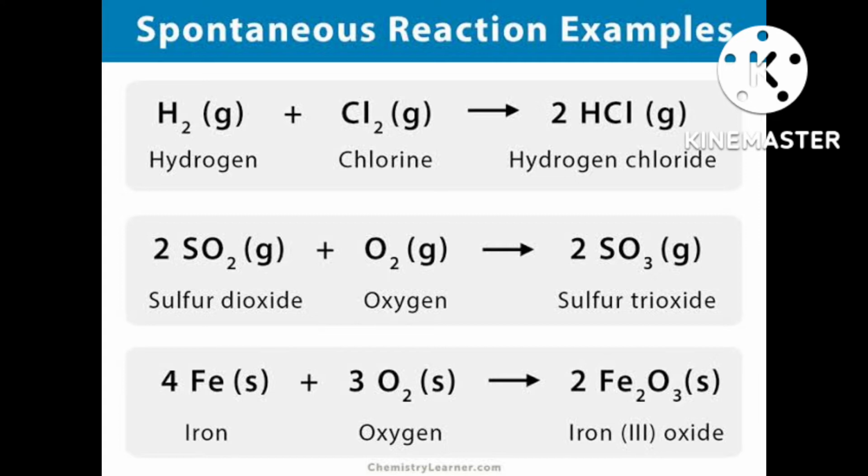A spontaneous process is an irreversible process and may only be reversed by some external agency. Without an external agency, you can't reverse it. This is the definition of a spontaneous process.